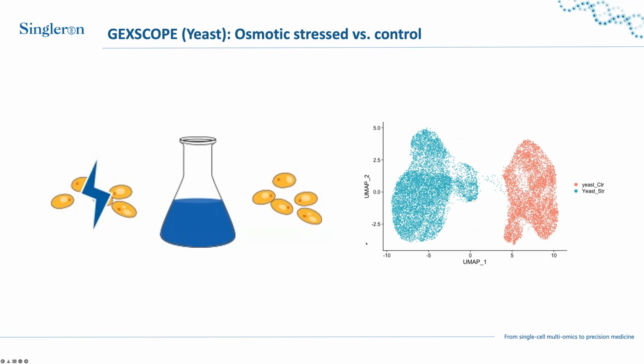And you can see again on the UMAP, the two groups clustered very well apart. Here you can see the yeast cells that have been exposed to osmotic stress, and here the control.